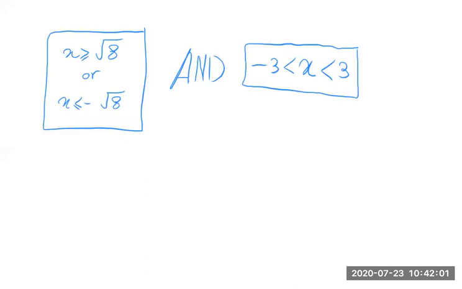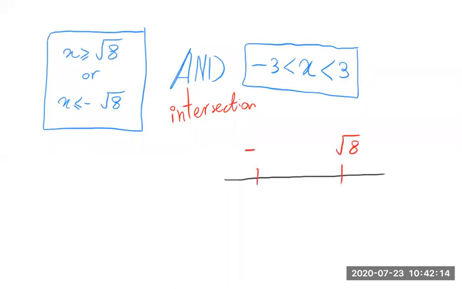It means we should take intersection, and means intersection. So the first one says, look at square root of 8, look at minus the square root of 8. X can be here on these red parts.